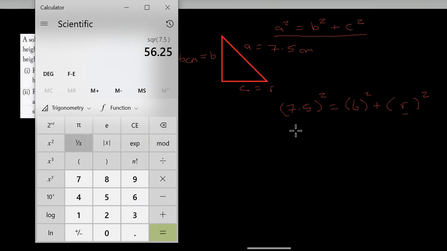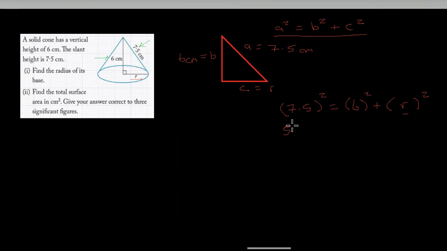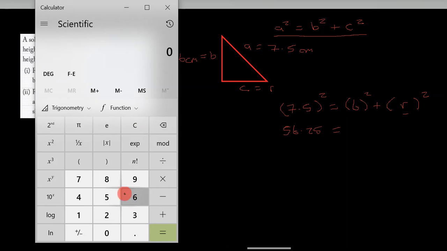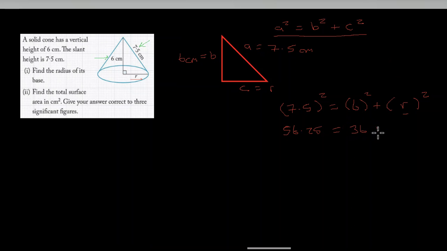So let's just write that. 56.25 is equal to 6 squared. So 6 squared is equal to 36. Equal to 36 plus r squared.